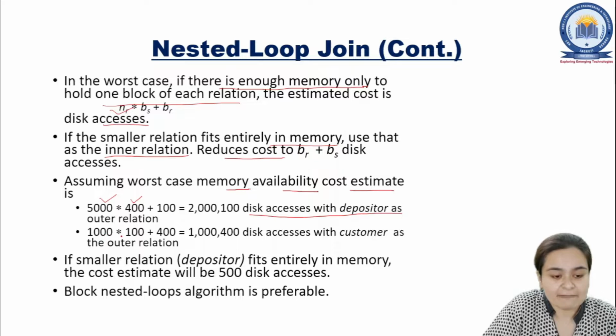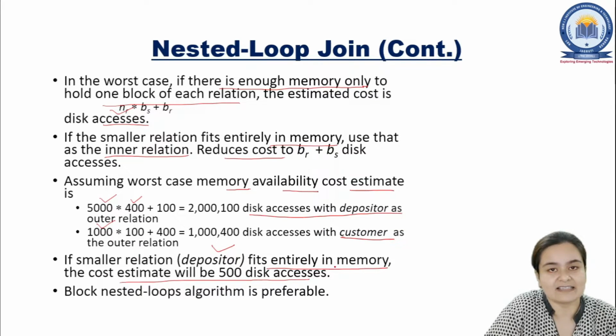If we consider customer as the outer relation, that will be 10,000 into 100 plus 400, that is around 1,000,400 disk accesses. Definitely we get a lesser number of disk accesses when taking customer as the outer relation. If the smaller relation, that is depositor here, fits entirely in memory, the cost estimate will be 500 disk accesses.